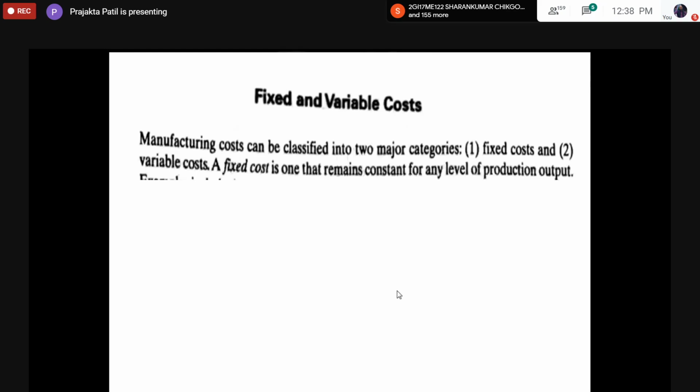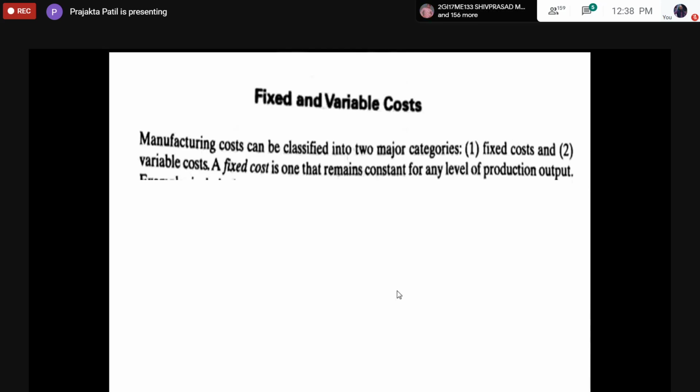What is fixed cost? A fixed cost is one that remains constant for any level of production output. What do I mean by this? Fixed cost is one which will not change with respect to your output. May the output be one part produced, may it be 1 million parts produced, the fixed cost will not change.